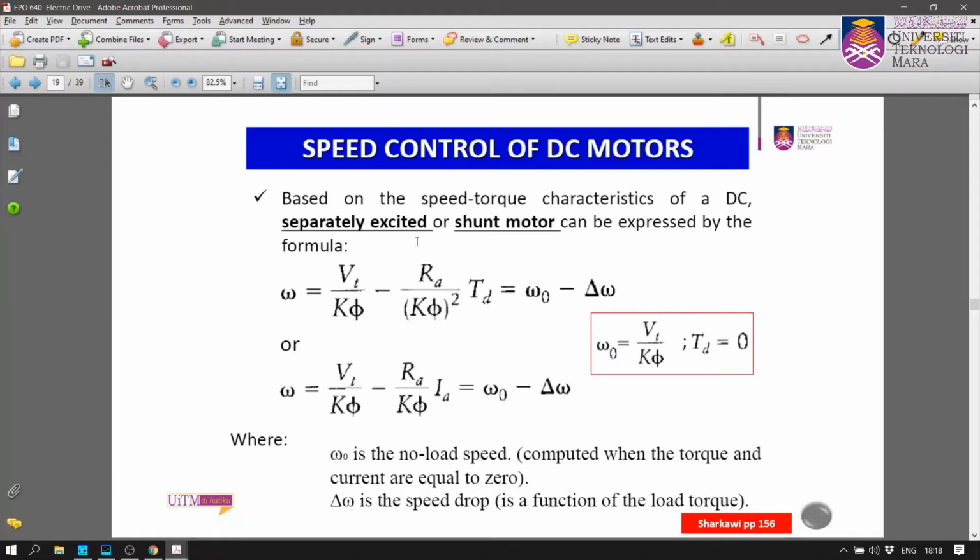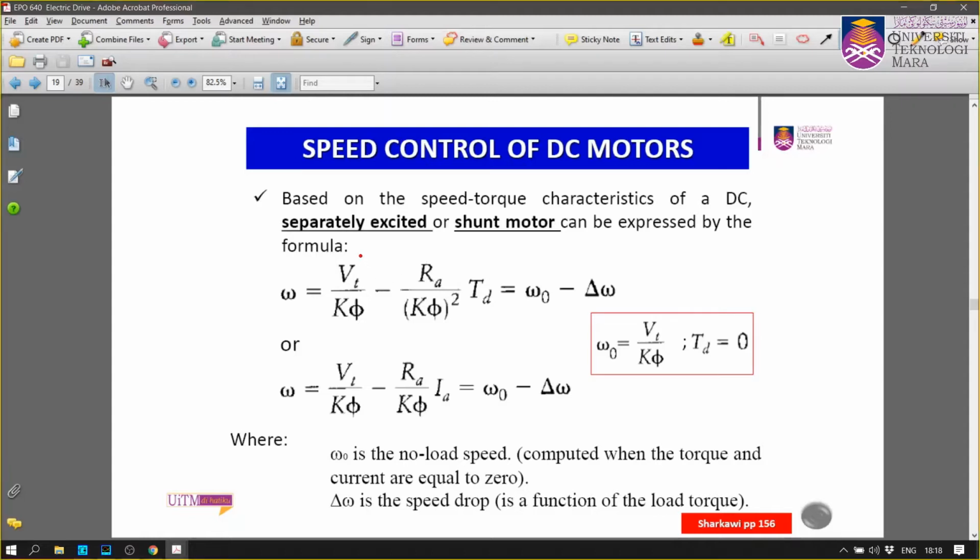We start with a separately excited shunt motor, and this is the key equation, the important equation that you need to look at. From this equation, you can control the speed by varying a few variables here.